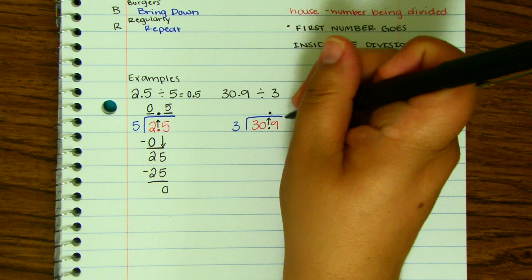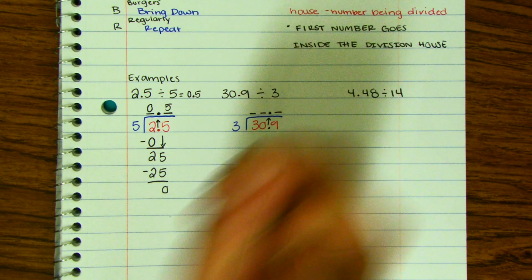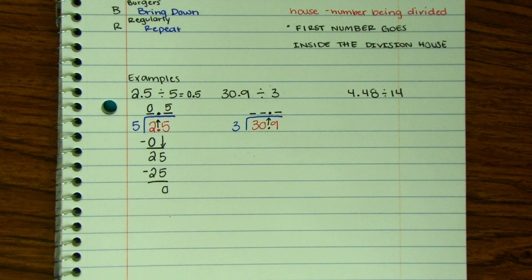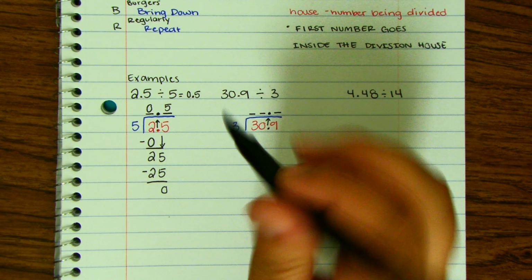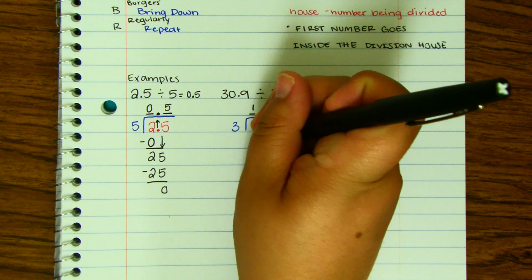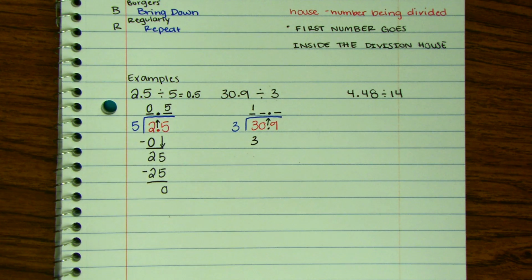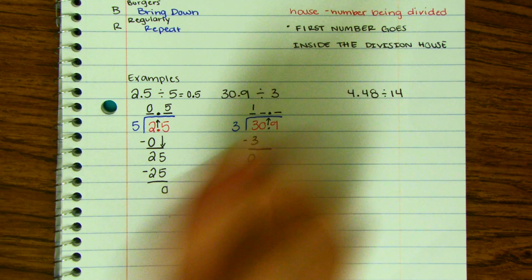And I need to label out all my place values that I might fill today. So I have 3 place values that I might be filling. So let's start dividing. 3 goes into 3 1 time, because 1 times 3 is 3. I am going to go ahead and subtract it, and I'm left with 0.